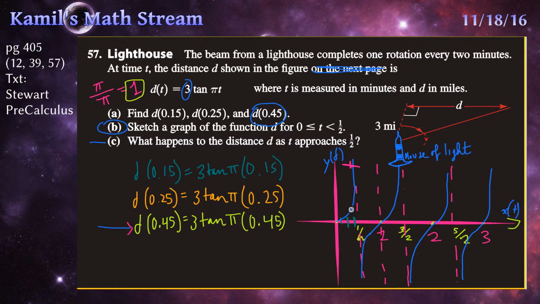This value, it's like here, and this is like near 0, right? This should be around 1, 0.25 when t is 0.25.